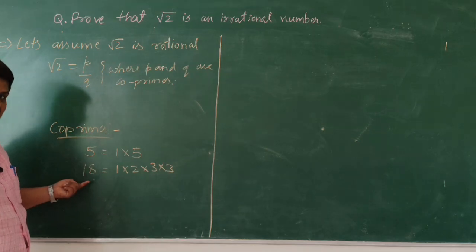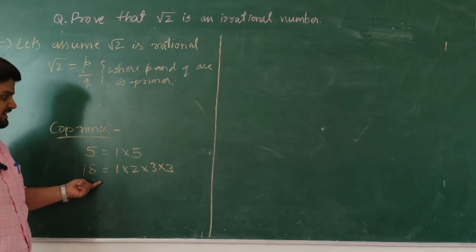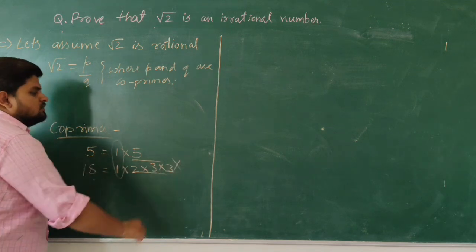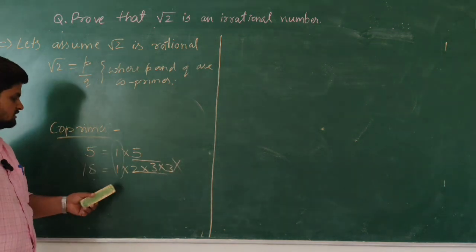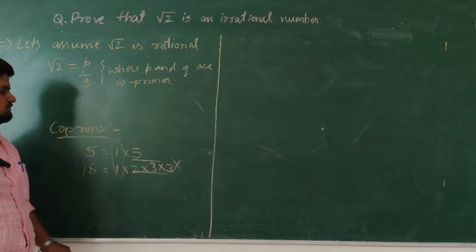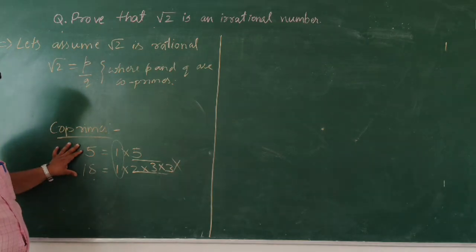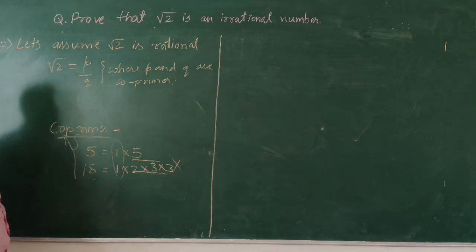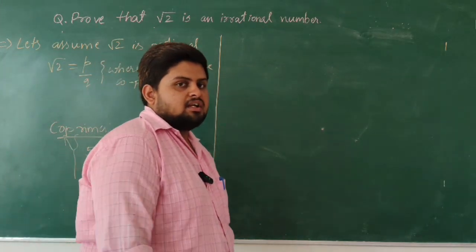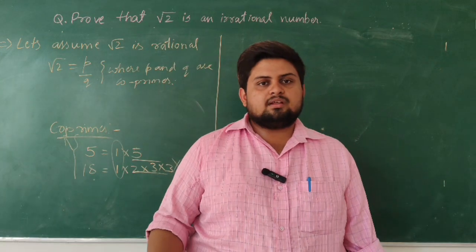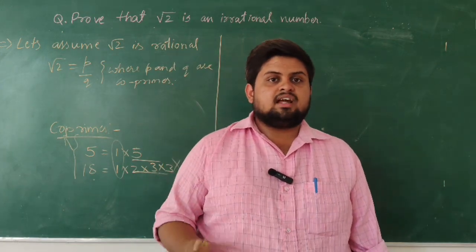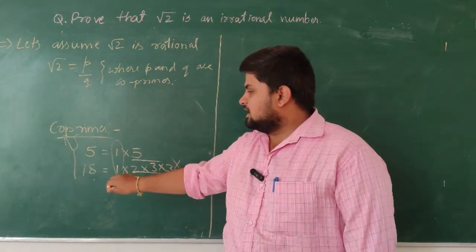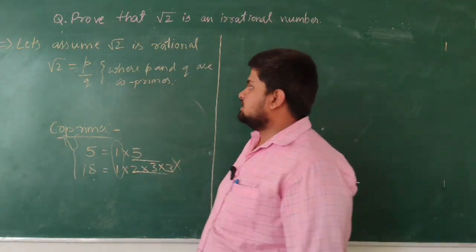Do these numbers have any factor in common other than the number 1? No, we don't have any other common factor for these two numbers other than the number 1. So in such cases, we call these two numbers co-primes. In simple words, co-primes are any two numbers having no other number in common other than the number 1.